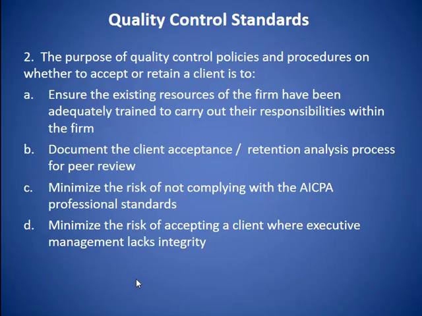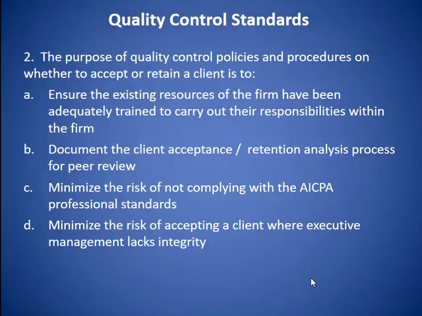So with that, let's take a look at a question or two regarding that information we just went through regarding quality control standards. Okay, question number 2. The purpose of quality control policies and procedures on whether to accept or retain a client is to: A. Ensure the existing resources of the firm have been adequately trained to carry out their responsibilities.